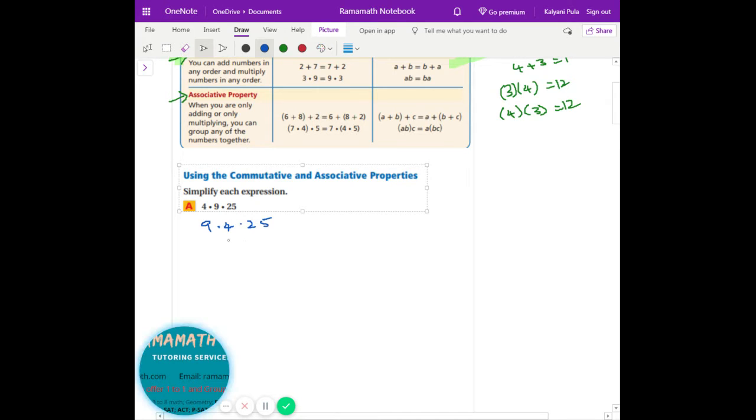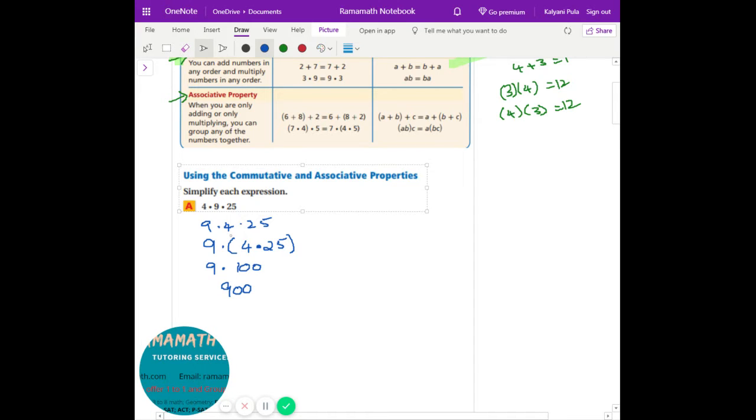The reason I switched them is because it helps me multiply faster. So what I'm going to do now is 9 times, I multiply 4 and 25. So what's 4 times 25? 4 times 25 is 100, because it's like 4 quarters, if you put that together. So 9 times 100 is 900.